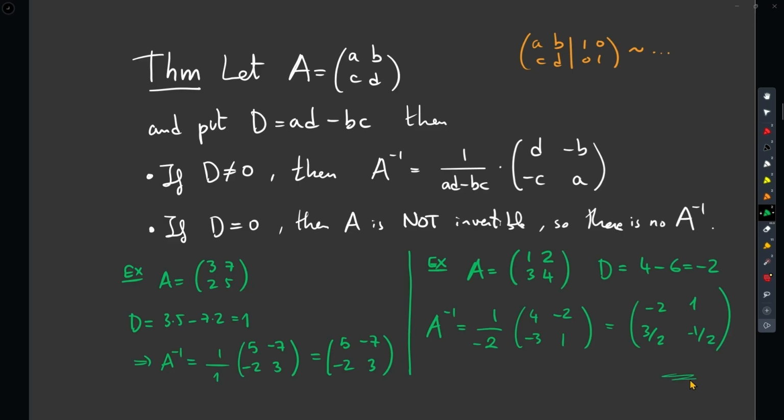And that is the inverse matrix. Just as an exercise, why don't you check yourself that A times A inverse is the identity, and also that A inverse times A is the identity in this case.